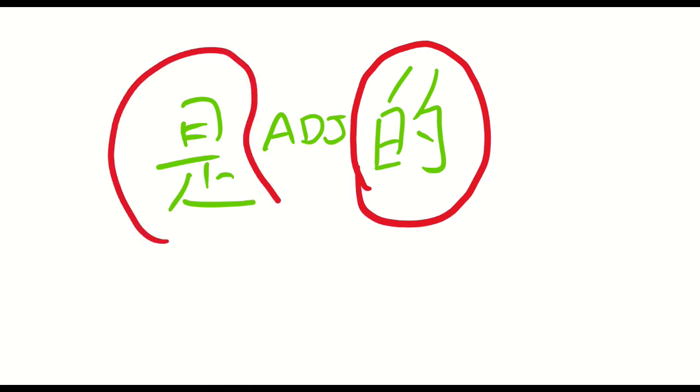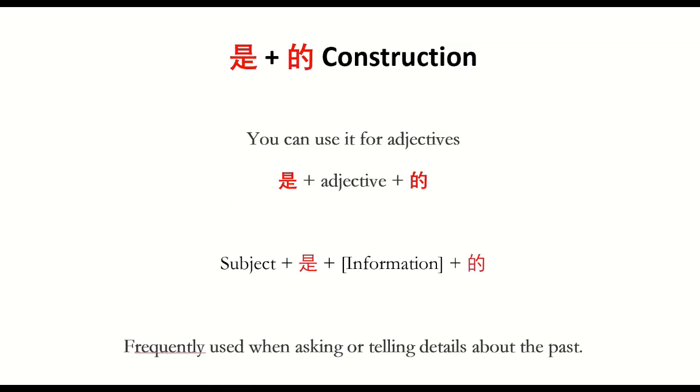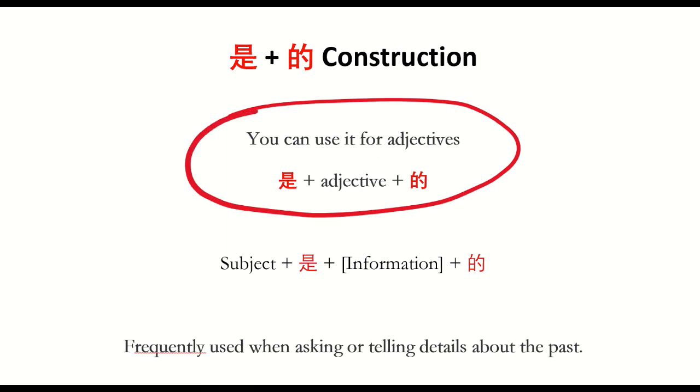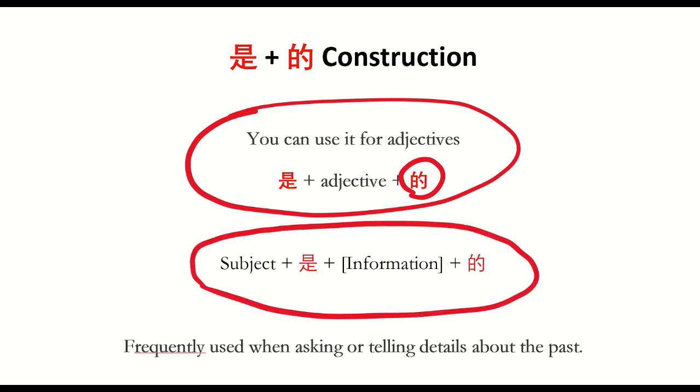Okay, so firstly, the shi plus de construction, it is okay to use it with an adjective in the middle. We can also, however, use it for some slightly more complicated stuff, which we're going to look at now. So shi plus de construction, you can use it for adjectives. Shi, adjective, de, we're really happy with that. As long as the de is on the end, all good, all happy. We can actually put information to be emphasized inside, in between the shi and the de.